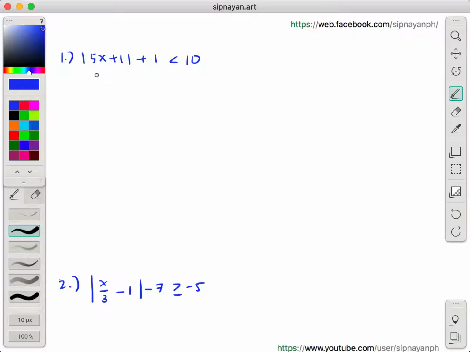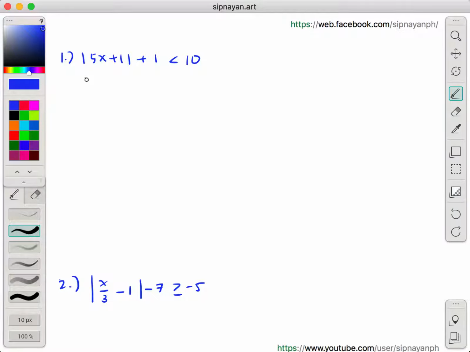So for example, we have the absolute value of 5x plus 1 is less than 10. The strategy is to isolate the expression with the absolute value. Since we have a plus 1 outside, we remove it by subtracting 1.